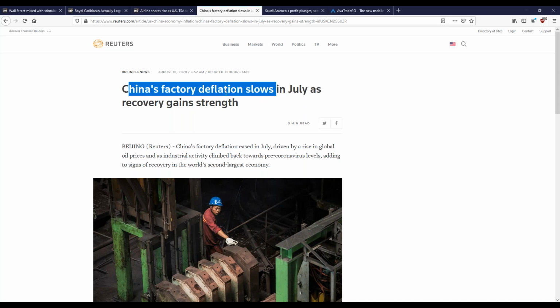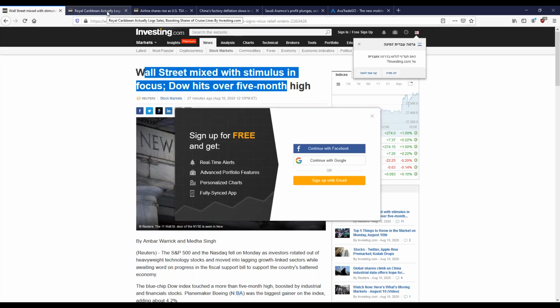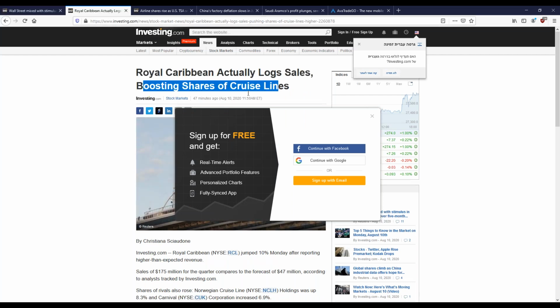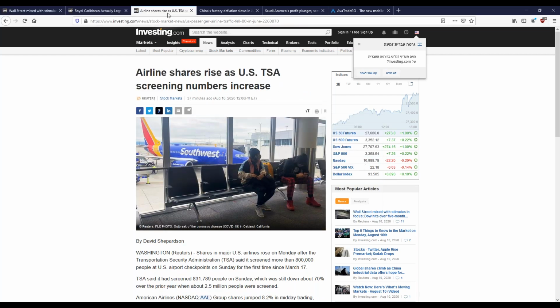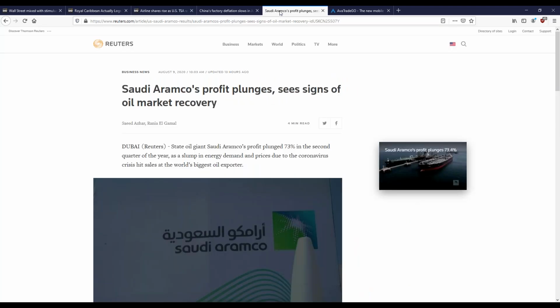So we've got basically good news in the two largest economies around the world. China, less deflation. US, possible stimulus. Cruise lines maybe showing some activity with sales. Airlines showing increased activity, larger than expected.